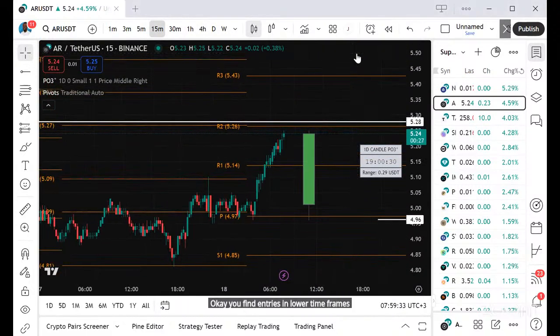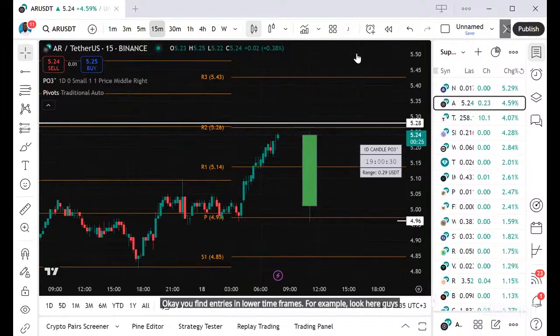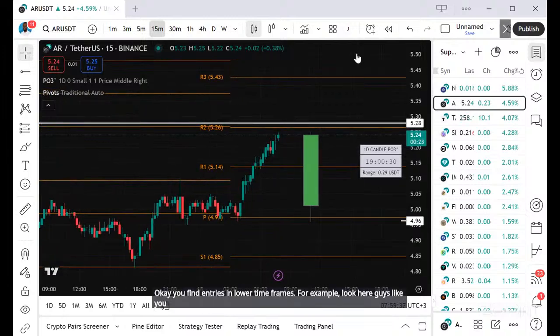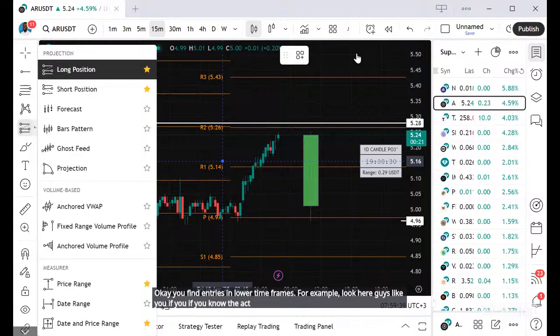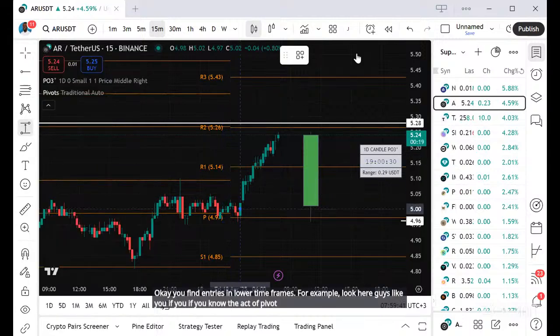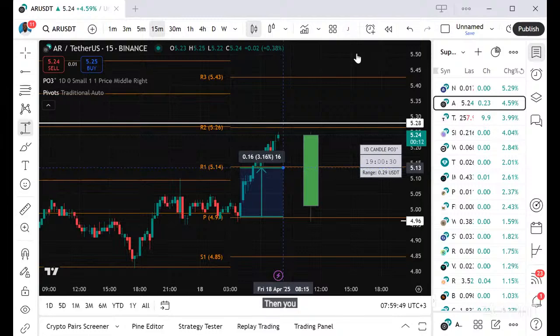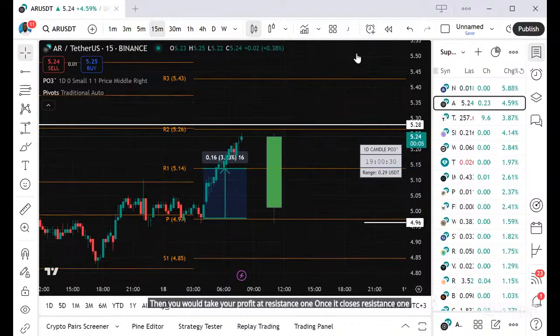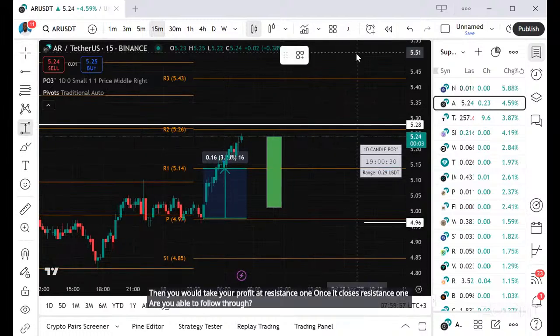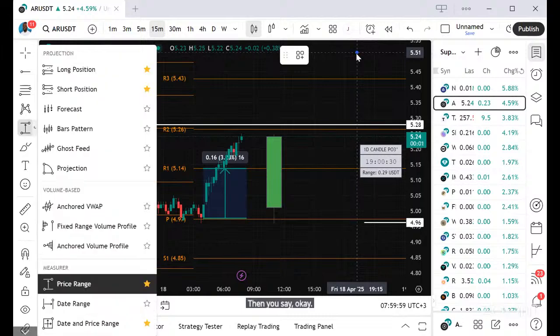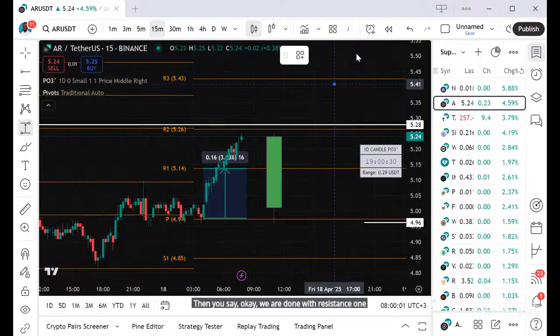For example, look here, guys. If you know the art of pivot points, you had entered when the market is above the center point, which is the pivot point. Then you would take your profit at resistance 1. Once it closes resistance 1, are you able to follow through? Then you say, okay, we are done with resistance 1. Now we are going to resistance 2.